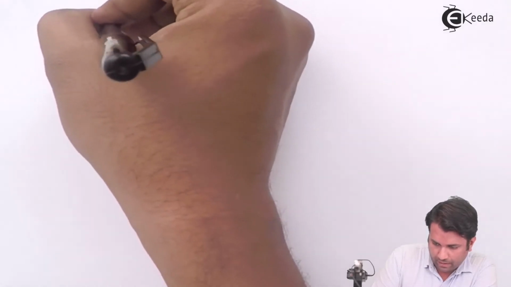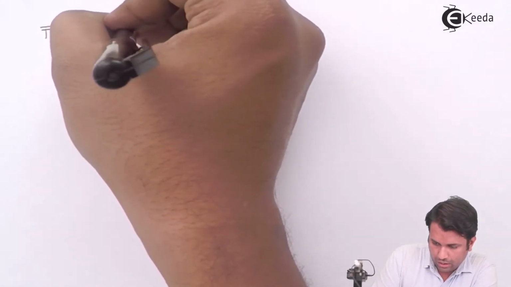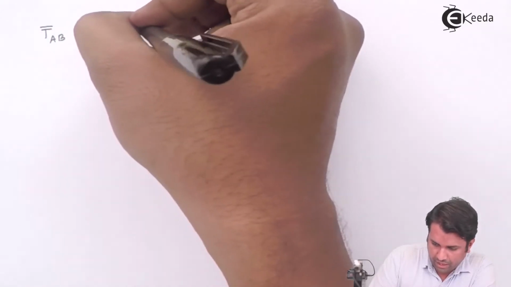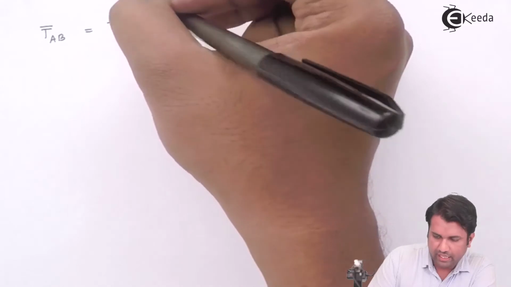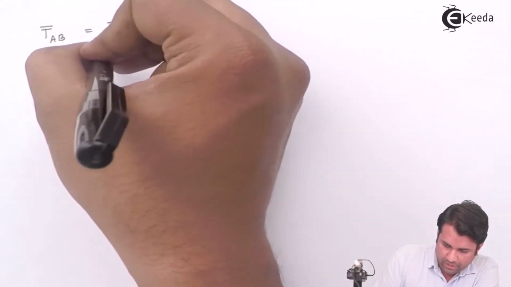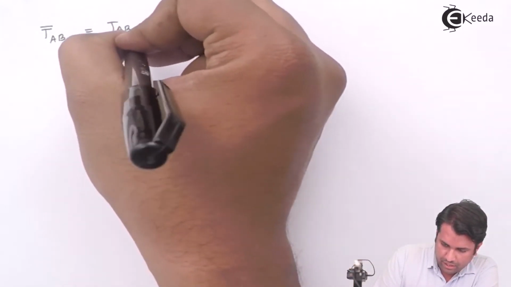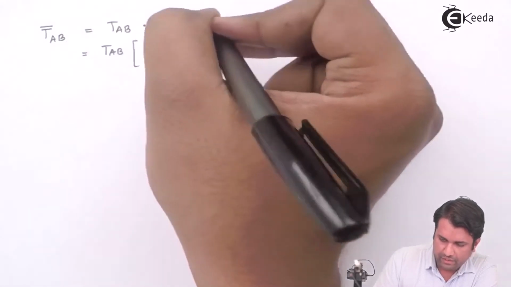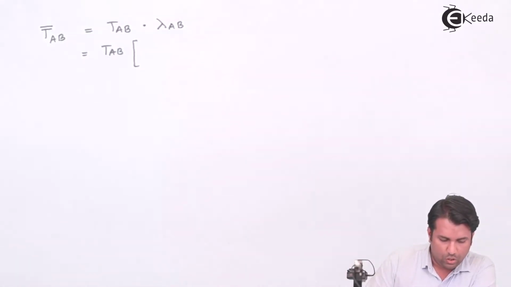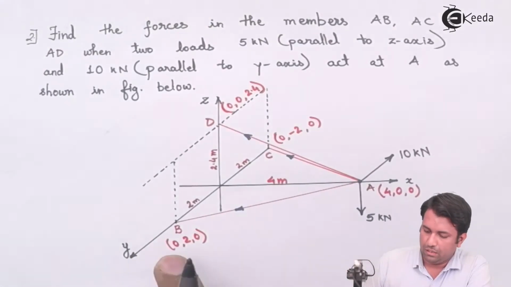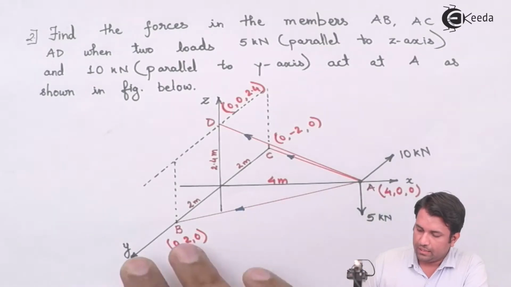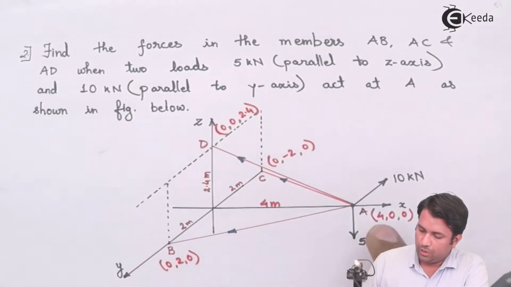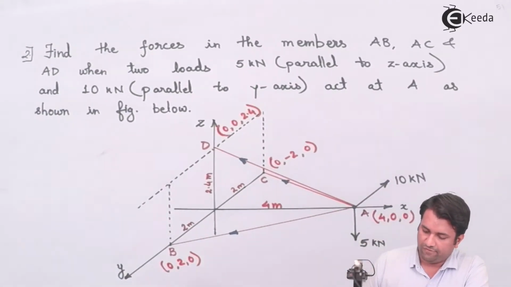That will be the magnitude of tension in AB times the unit vector along AB. So that will be T_AB. The unit vector is B minus A. I have the coordinates here for B and for A, so I'll write it down as 0 minus 4, which is -4, then 2 and then 0.